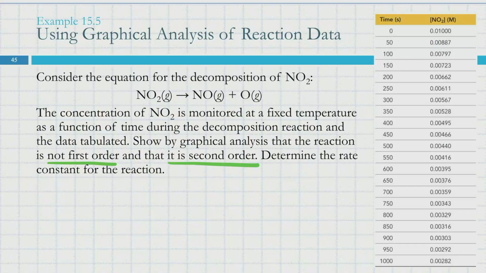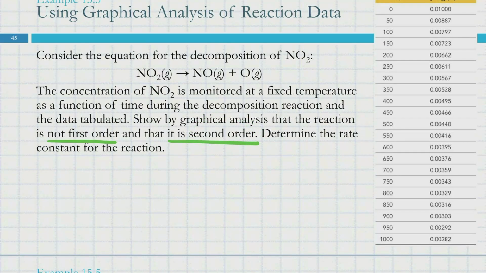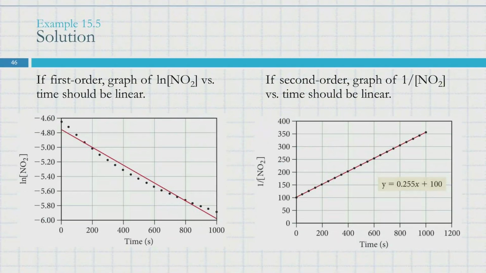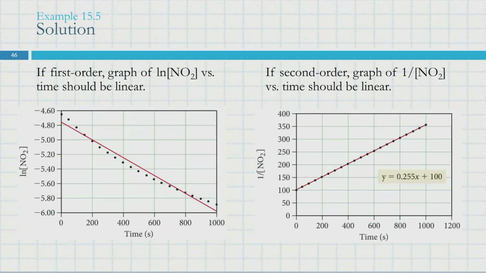Take the natural log of all of those data points, the 20 or so that there are, plug those in as our y values against time, and see if it's a straight line. If it is, then it's first order, or we do the 1 over that, like we saw previously, to see if it's second order, and then we can determine the rate constant. Here's what that looks like. So we've got our first order plot.